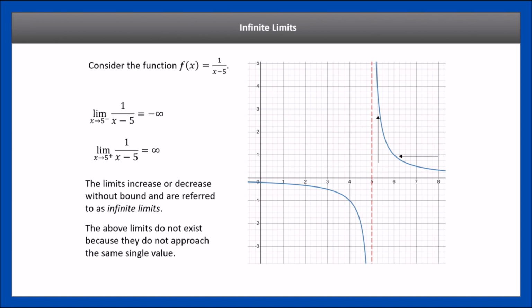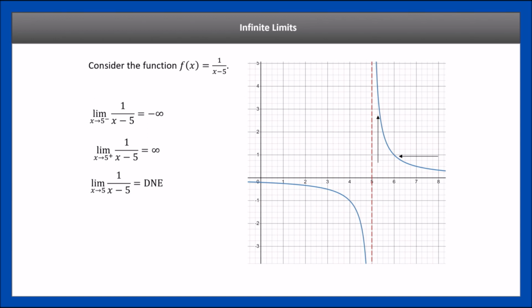Even though we refer to them as positive or negative infinity, remember that infinity is not a number, so it's not a single value, and therefore the limit actually does not exist. Another way that we would write that is DNE. So you can write the limit as infinity, negative infinity, or you can use does not exist. We'll get more into this in a little bit.